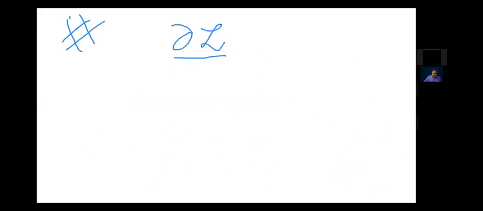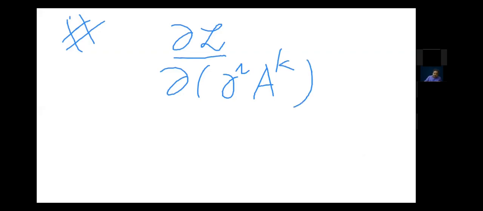Everyone can do it, so it is also a problem given to you, and you can solve it and return to me along with your other solutions to the problem. So we have to find del L by del i A k. This is the first thing. Once you find this, then you will put this in. So first you have to find this term.